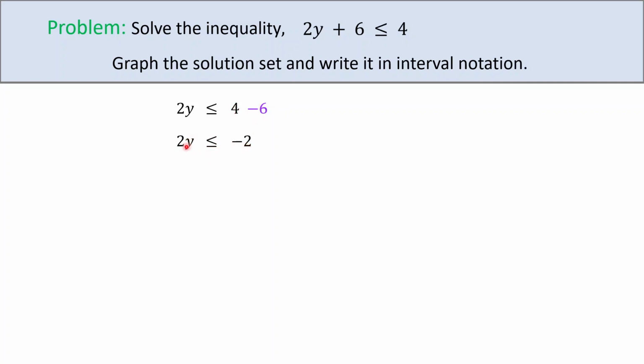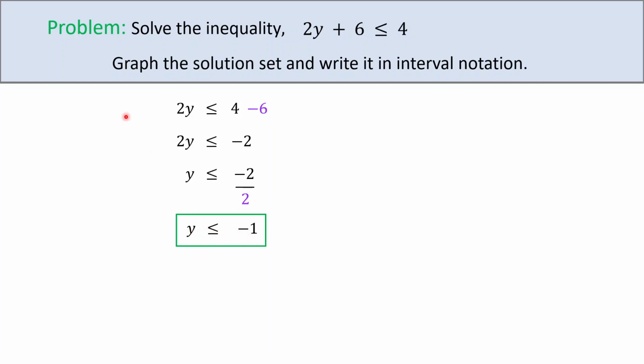You need y. So we need to divide this 2 on both sides. You get y less than or equal to negative 2 divided by 2. That is y less than or equal to negative 2 divided by 2, which is negative 1. So this is the solution.